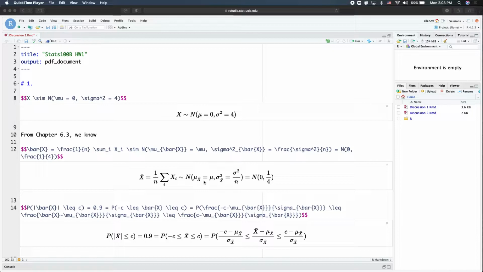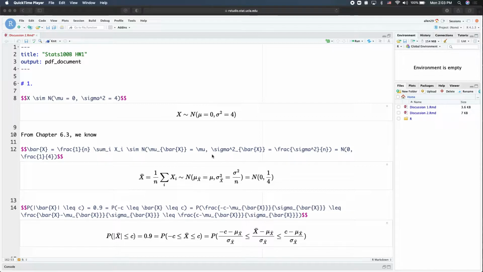So x bar has a mean that is equal to the mean of the individual component, so mu is just 0. The variance of x bar is the variance of the individual random variable divided by n, where n is the number of random variables. So 4 divided by 16, which gives 1 over 4. So this is the distribution for the individual random variable, and this is the distribution for x bar.